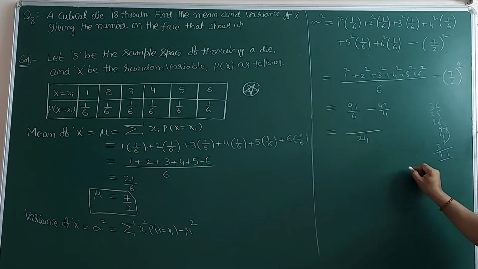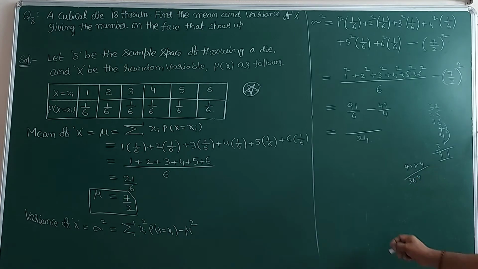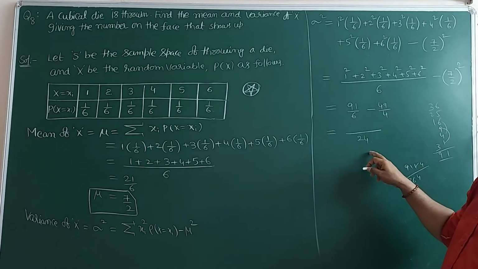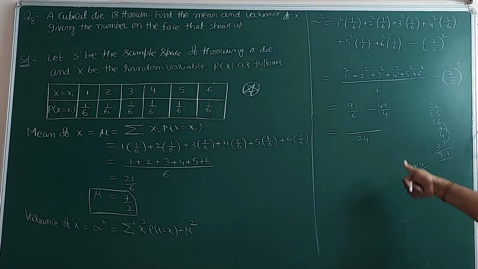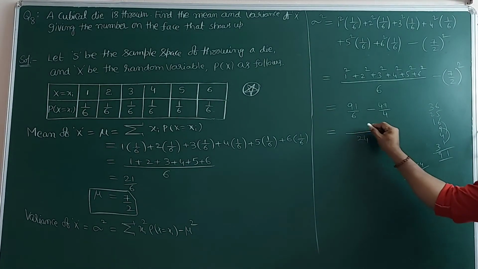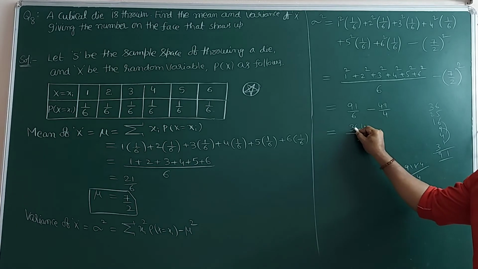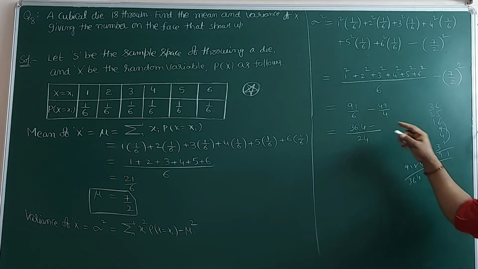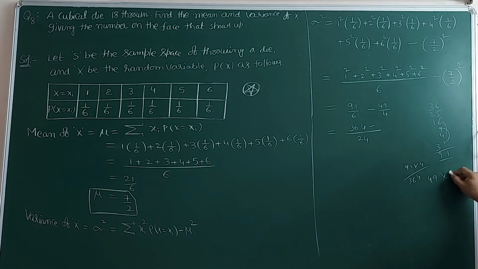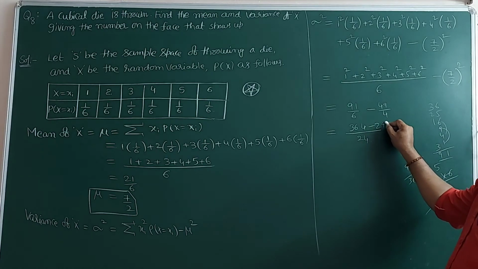So 6 4s are 24, 91 into 4 is 364, minus 4 6s are 24, 49 into 6 is 294.